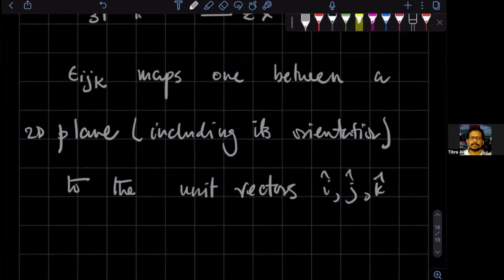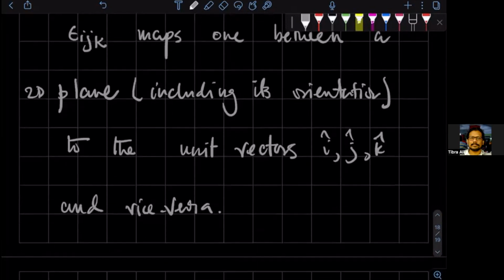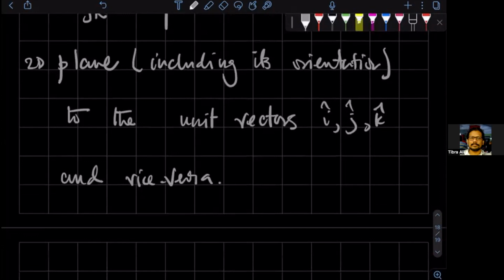Okay, and vice versa. So this is basically related to the fact that in 3 dimensions, we can specify rotation by either rotation around an axis or by specifying what plane the rotation is in, right?